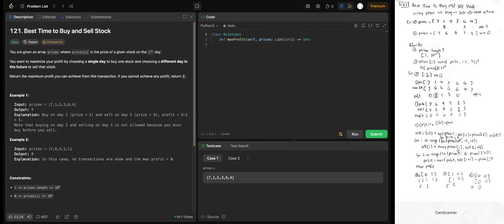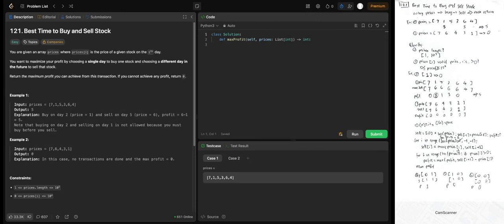You want to maximize your profit by choosing a single day to buy one stock and choosing a different day in the future to sell that stock. So you want to return the maximum profit you can achieve from this transaction. If you cannot achieve any profit, return 0.